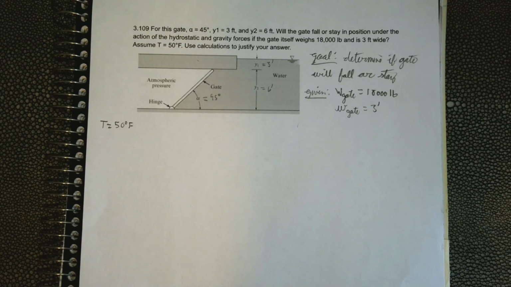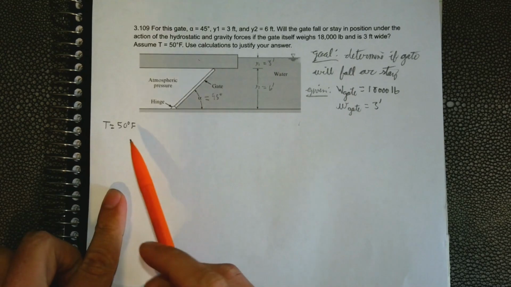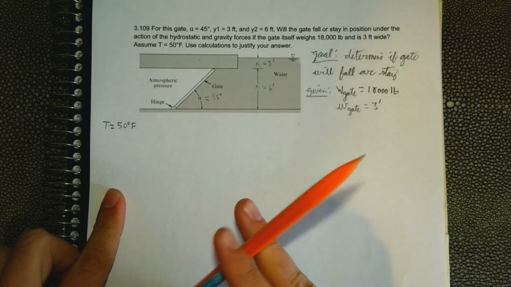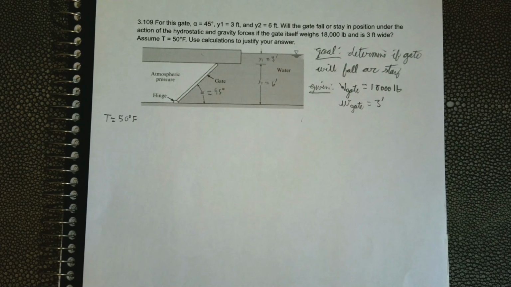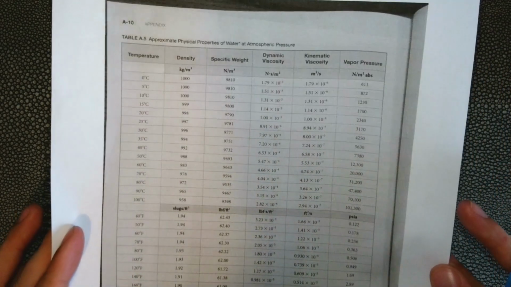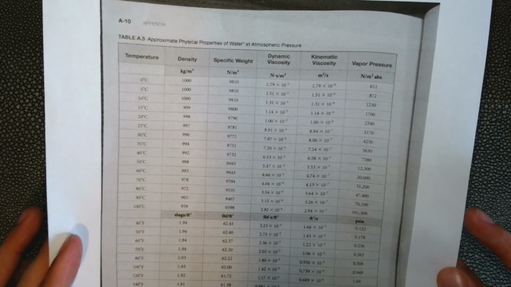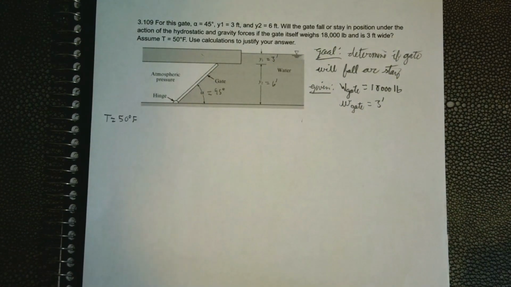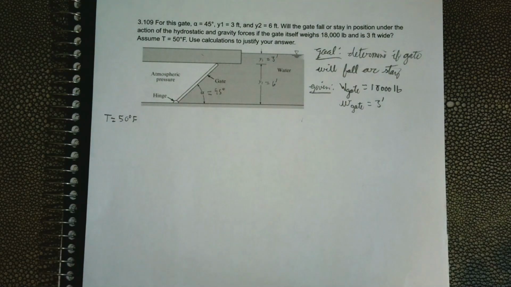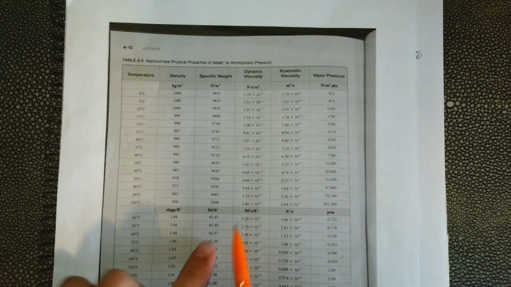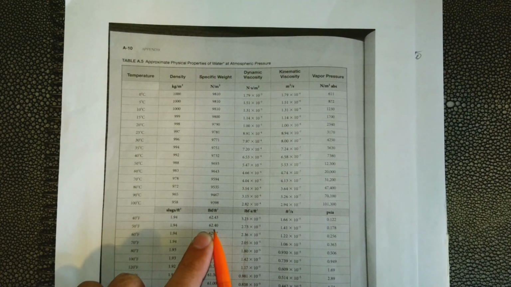We're going to need to know the specific weight of the water, per usual. So we have to convert this to Celsius, or maybe we don't. Does the textbook give it to us in Fahrenheit? It does. So at 50 degrees Fahrenheit, the specific weight is 62.4.